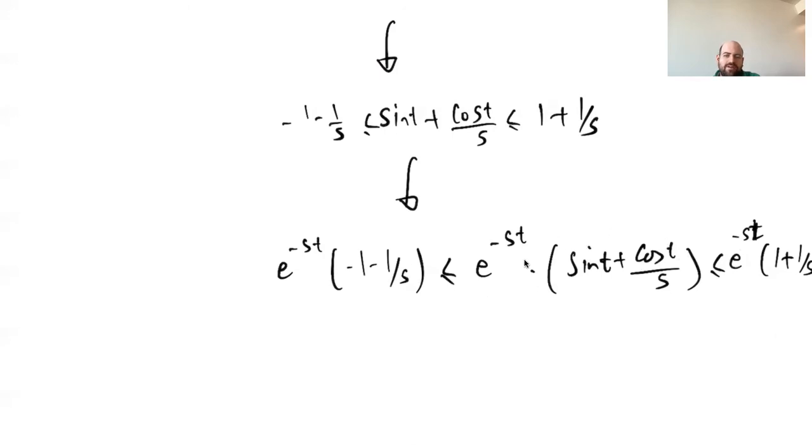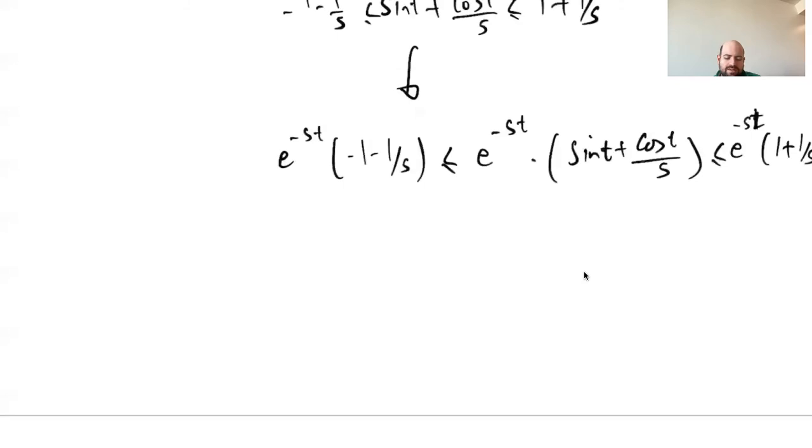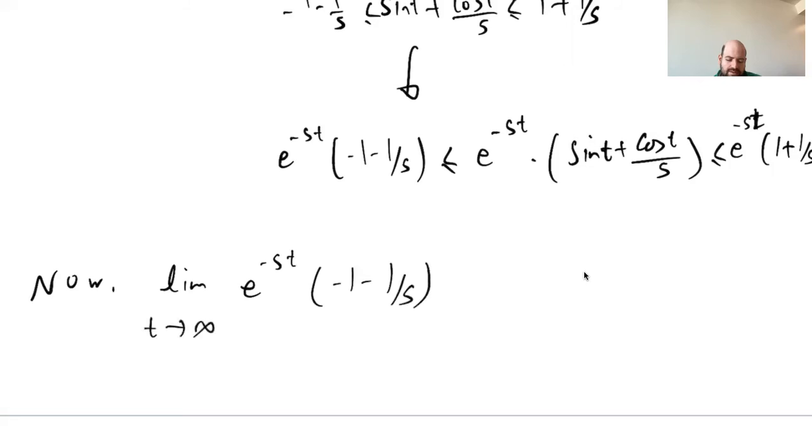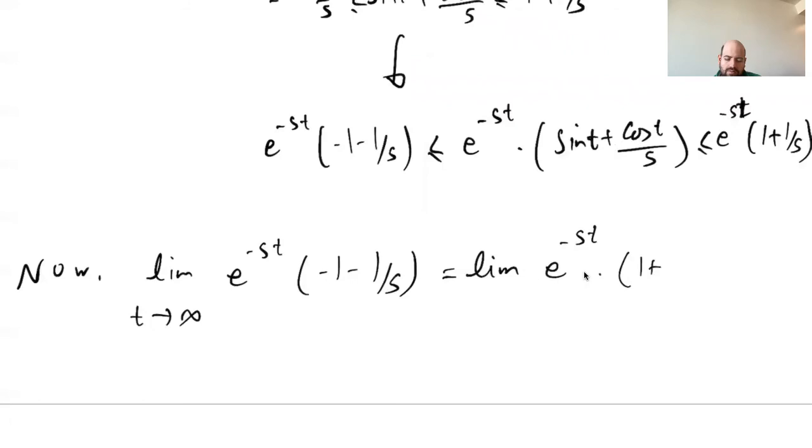So I will have my function squeezed between two functions where the limit of both of these functions is 0. So that means the limit of the middle function also must exist and must be equal to 0 according to the squeezing theorem. So now limit e to power minus st times -1 over s as t goes to infinity is equal to limit e to power minus st times 1 plus 1 over s as t goes to infinity.